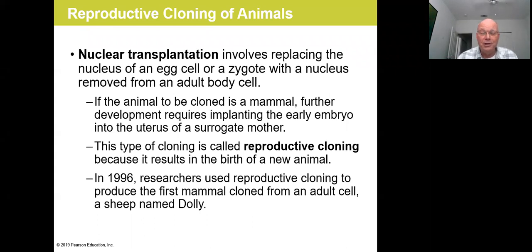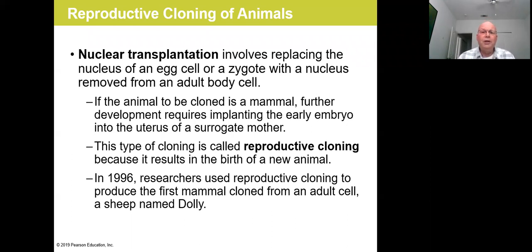Now, unfortunately, Dolly had a number of health issues as a consequence of being a clone, and this is one of the reasons why there is a moratorium right now on cloning humans, because of part of the issues that we know from cloning other animals, like Dolly as a sheep.